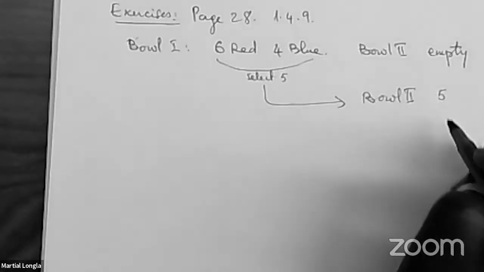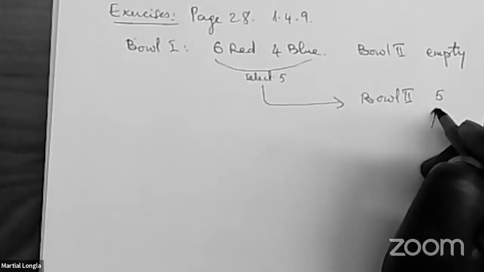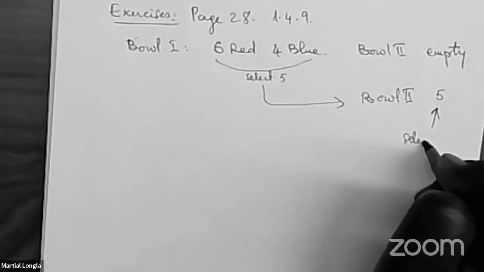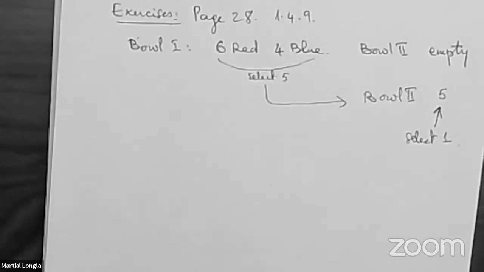So now, from here, select 1. Given that this chip is blue, find the conditional probability that 2 red chips and 3 blue chips are transferred from ball 1 to ball 2.